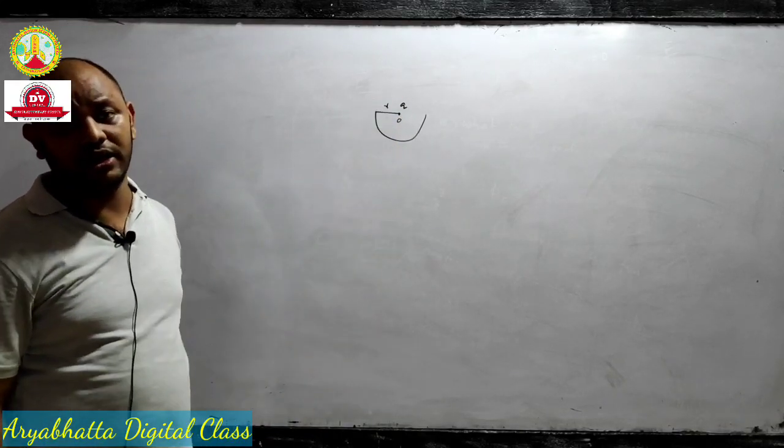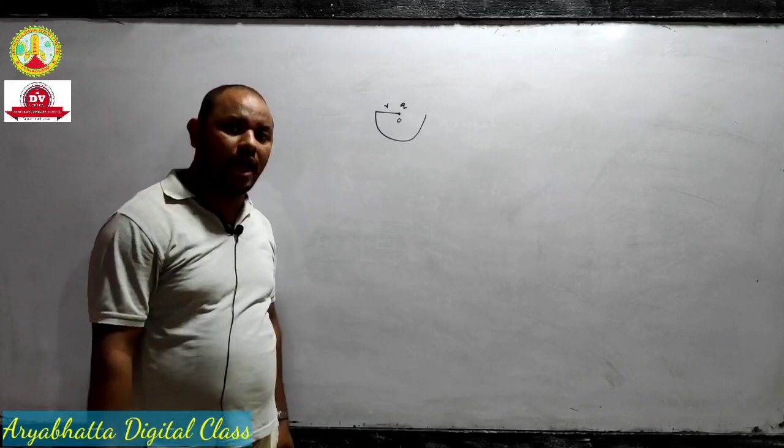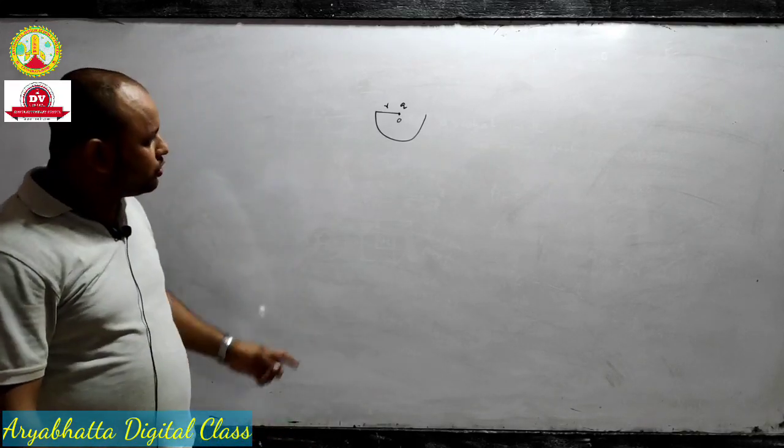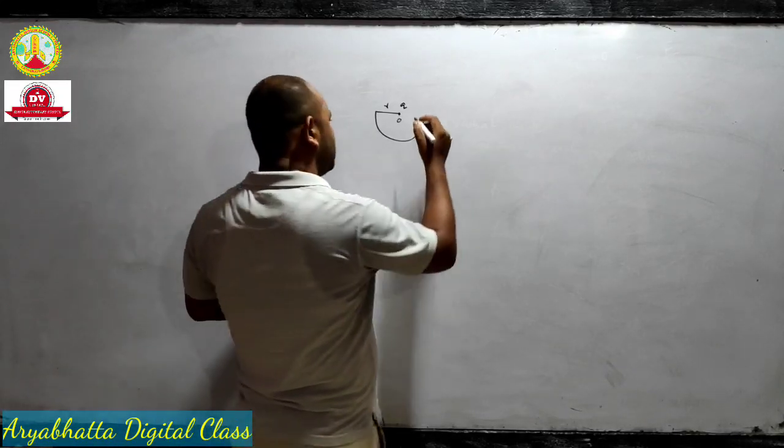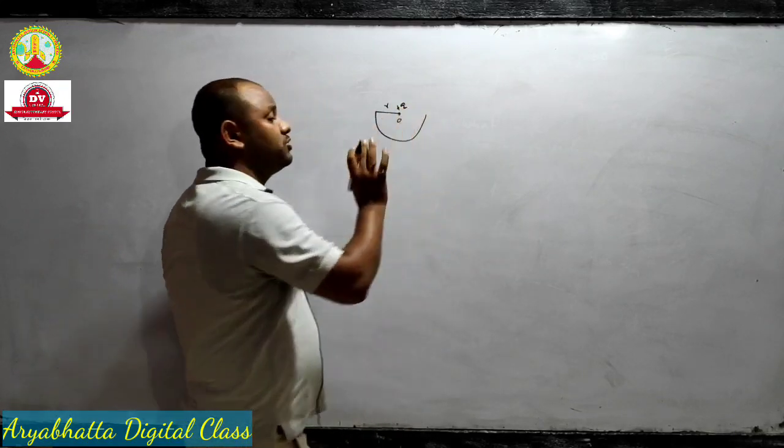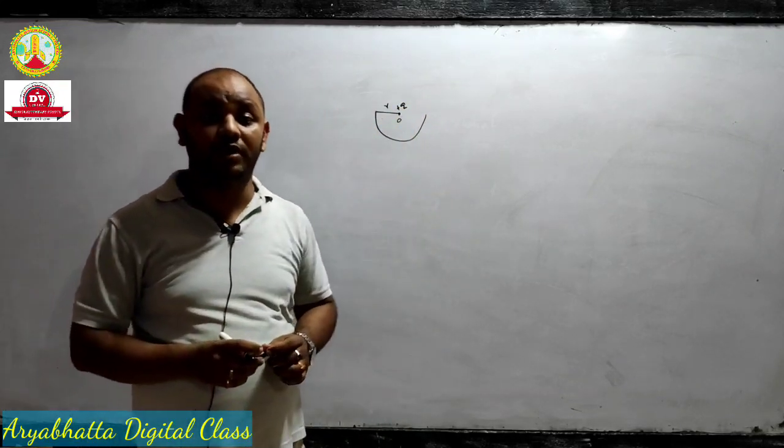This is a positive point source. From this point source electric field lines will emerge out.